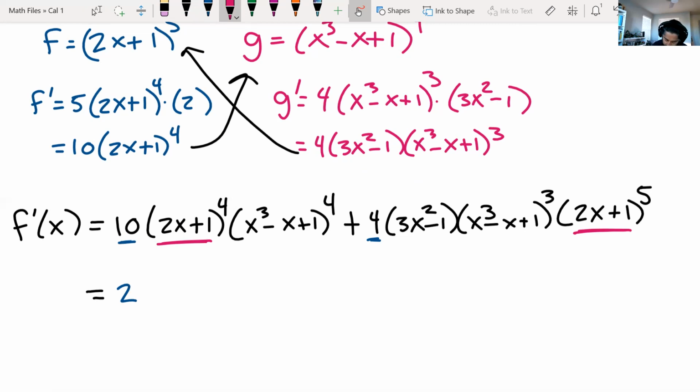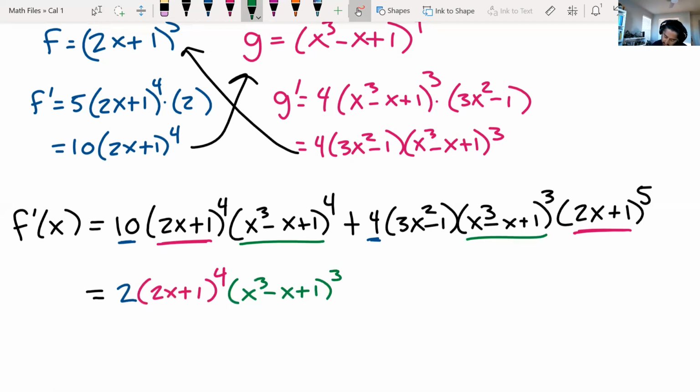How many? We got 4. And then x cubed minus x plus 1 to the fourth, x cubed minus x plus 1 to the third. How many? 3. Nothing else, right?